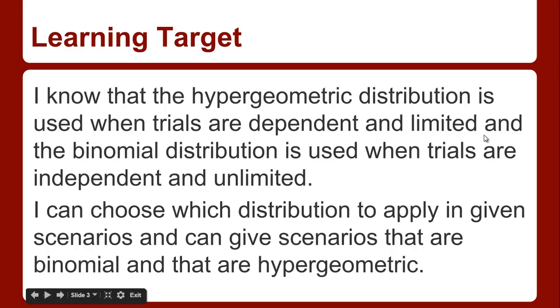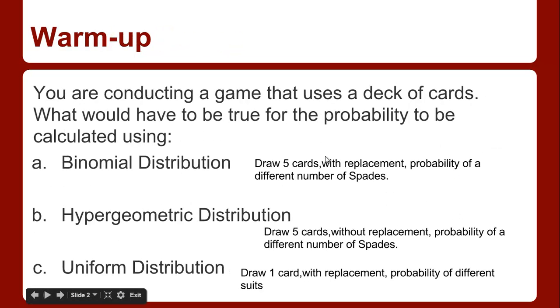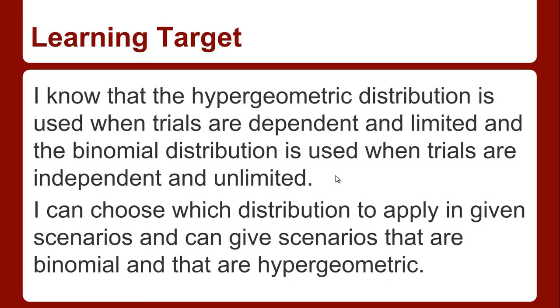This limited, unlimited was my idea, to think about another way to help us understand it. In the example we're drawing 5 cards, so I'm not saying that's unlimited. I'm saying the opportunity to draw more cards is unlimited, and we'll talk about that.